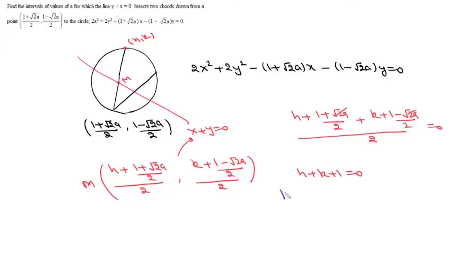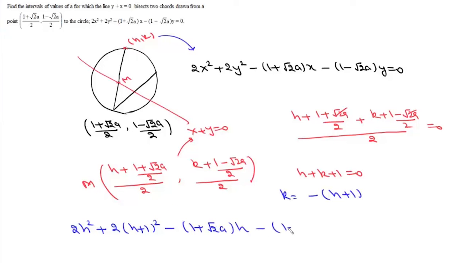Now from here we can write k as minus (h plus 1). Now basically h and k lie on this circle. So we can write 2h square plus 2k square, and k square will be (h plus 1) square, plus (1 plus root 2a) h plus (1 minus root 2a) k, with k being this value, and it will be equal to 0, which is basically a quadratic equation in h.